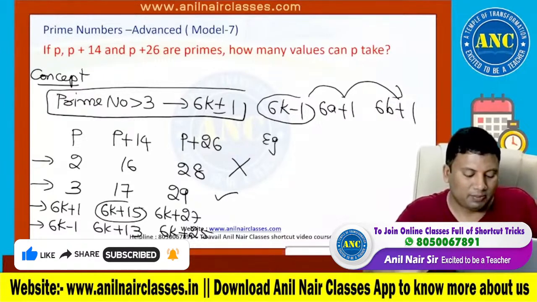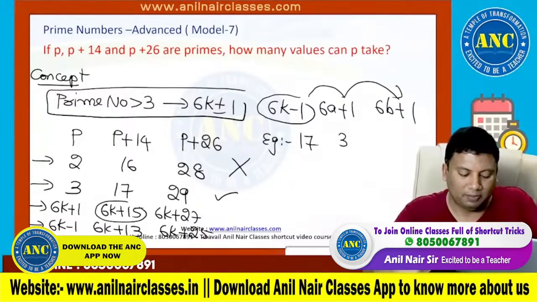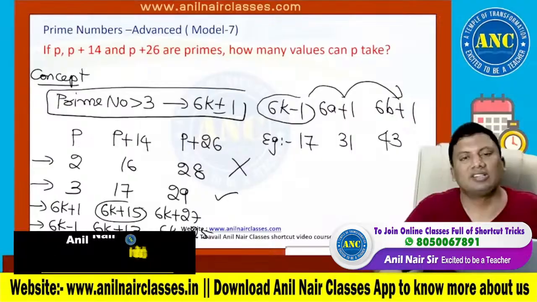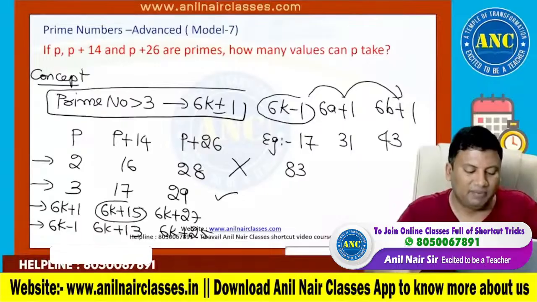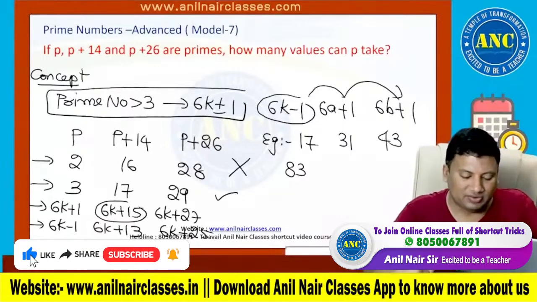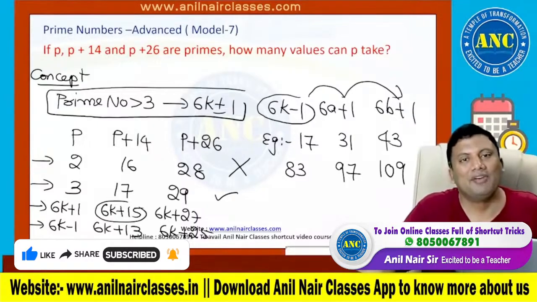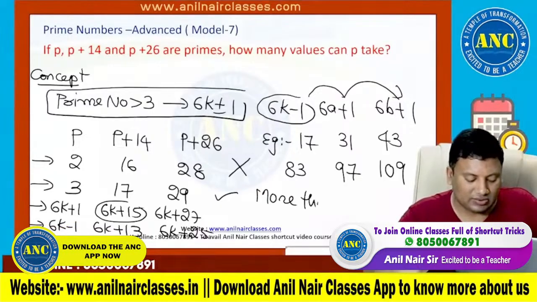For example, 17 is 6 into 3 minus 1; 17 plus 14 is 31, 17 plus 26 is 43, it is possible. If it is 83, 6 into 14 minus 1, 83 plus 14 is 97, 83 plus 26 is 109. There exists more than one prime number which will satisfy this triplet.